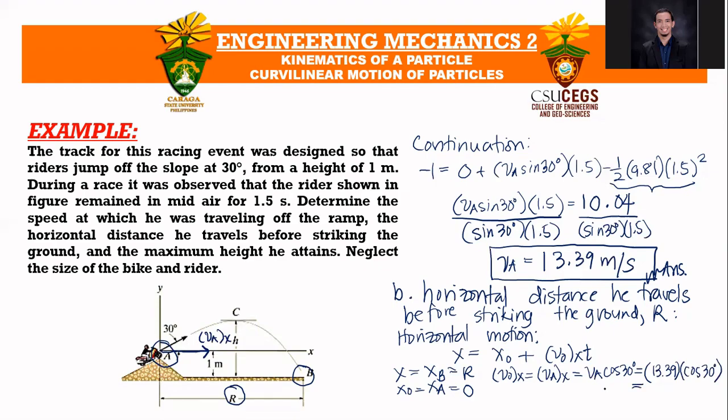And that would be equal to 11.60 meters per second. The time is still the same, that is from point A to point B, which is equal to 1.5 seconds. So we can substitute in our equation.